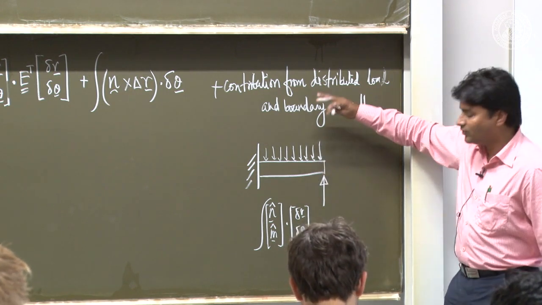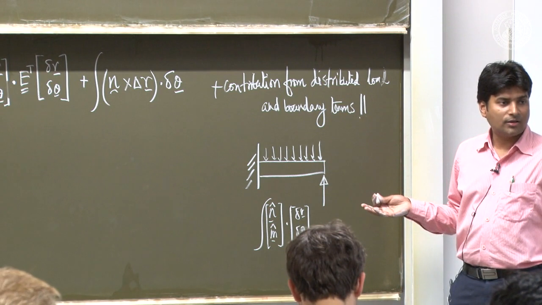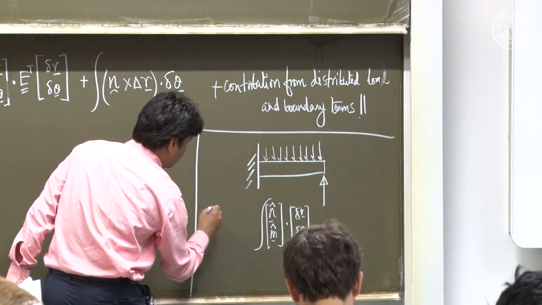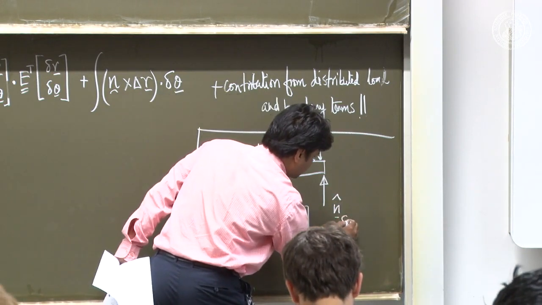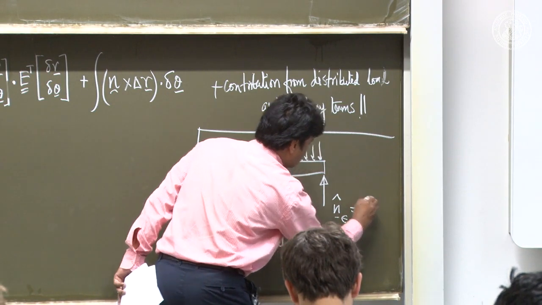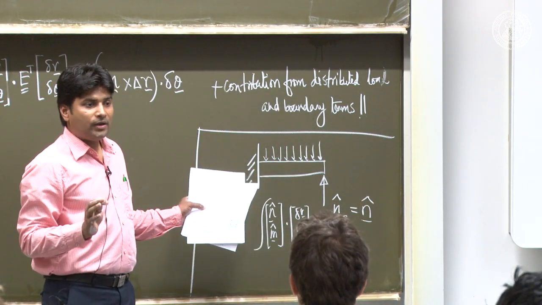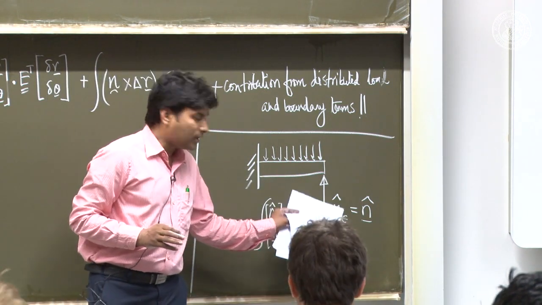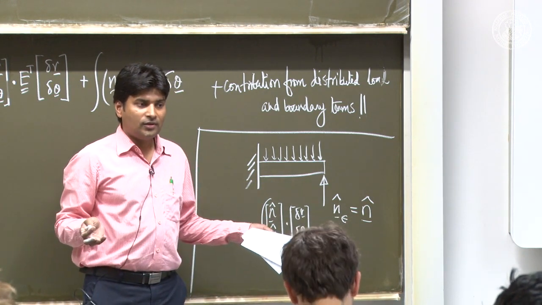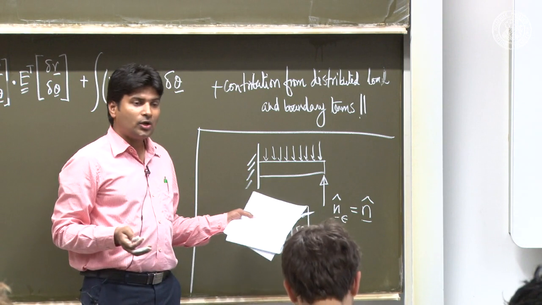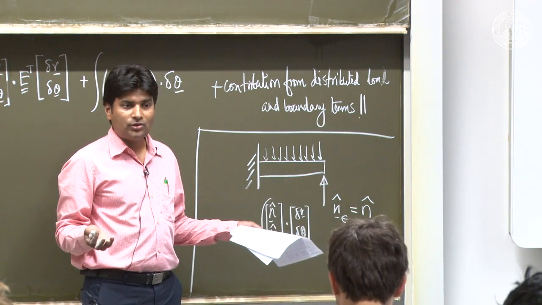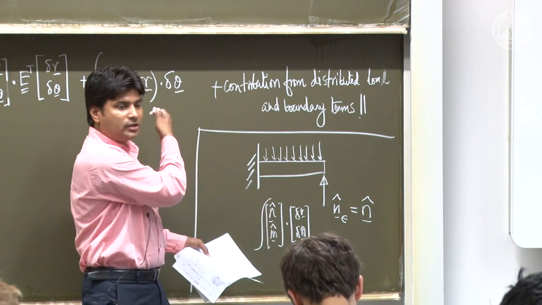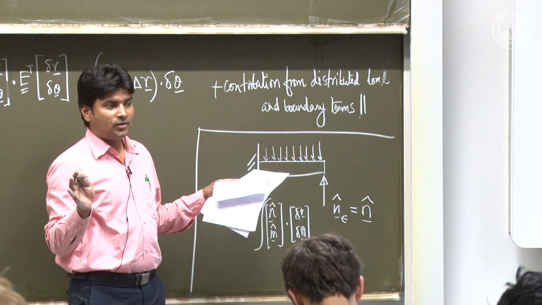But as you change the configuration, your n hat epsilon would be same as n hat if it is independent of the configuration. So, if that is the case, then d by d epsilon of n hat epsilon would simply be 0. So, for the cases when the distributed loads are independent of the configuration of the rod, then their contribution to the linearized weak form will simply be 0, is not it?